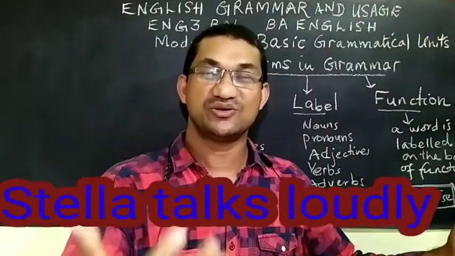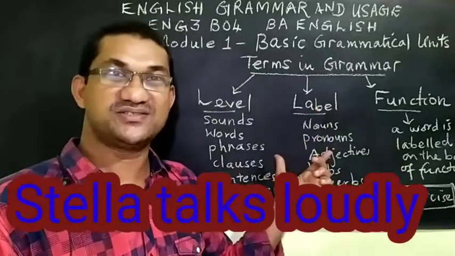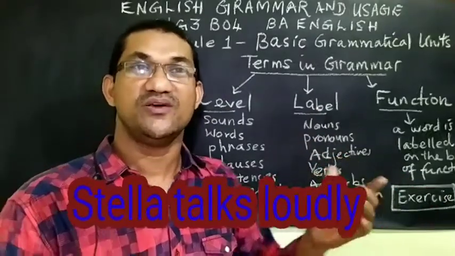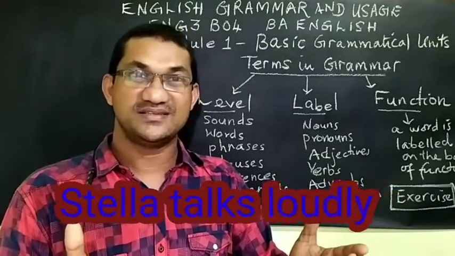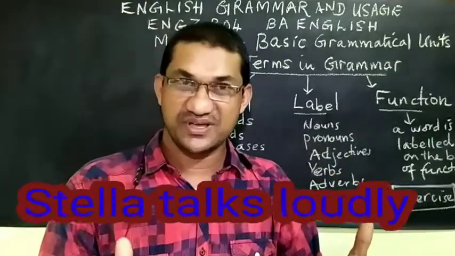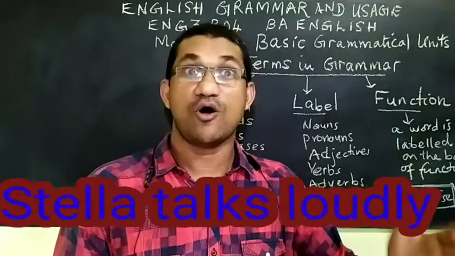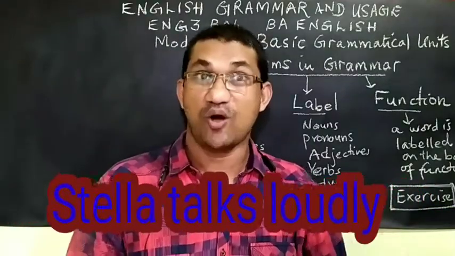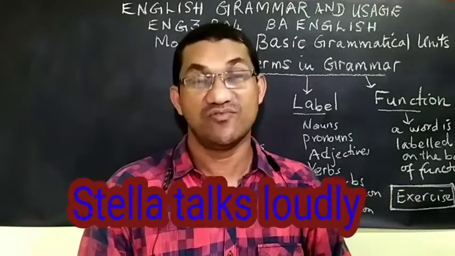If we are asked to look at the basic grammatical units of the sentence, Stella is the subject, talks loudly is the predicate, Stella is a noun, talks is the verb, loudly is the adverb.